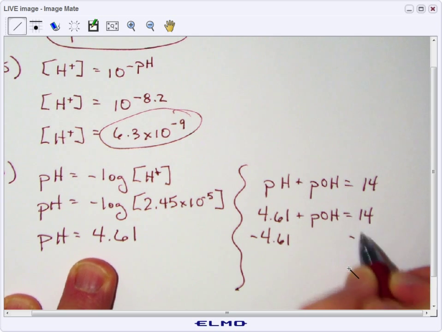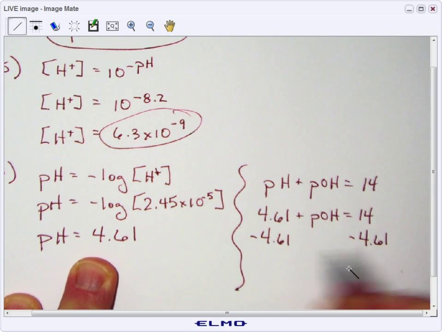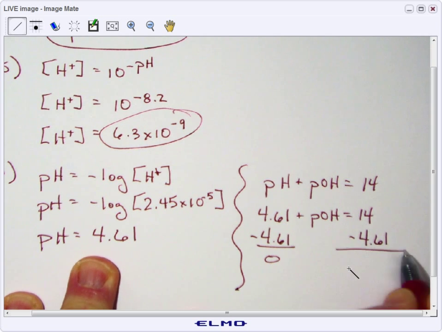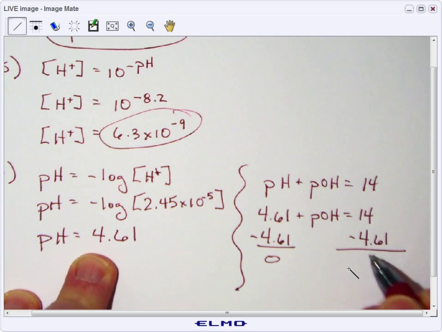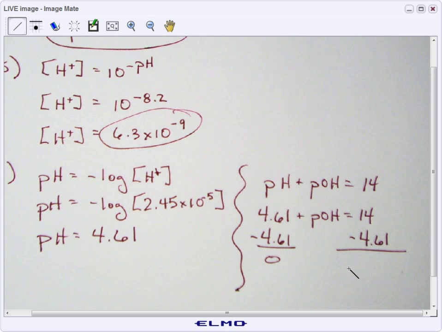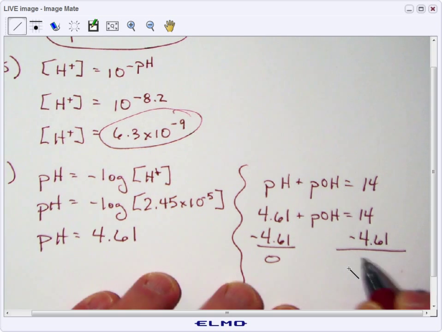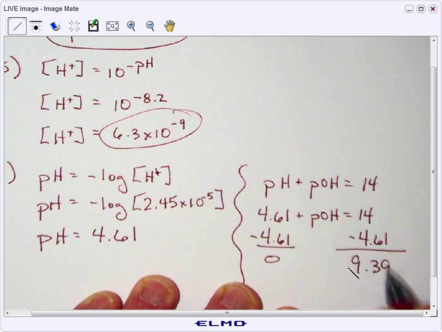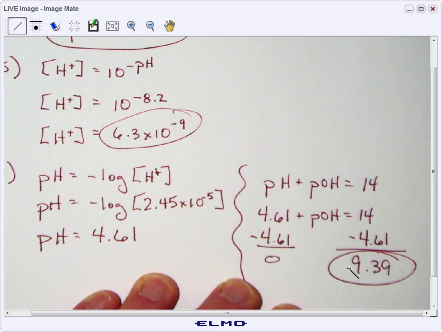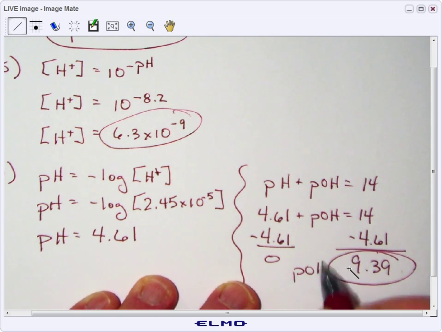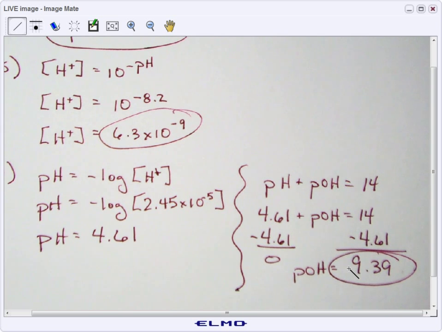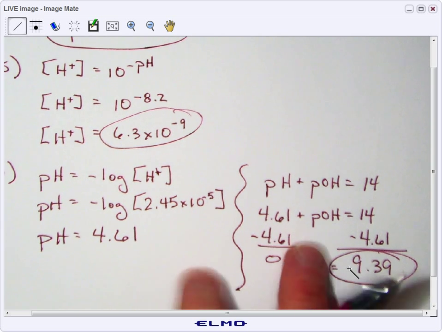What you do to one side, you do to the other. So that gives me 14 minus 4.61, which should be 9.39. Is that right? So that's my pOH. So you're never going to have more than 2 steps. Okay?